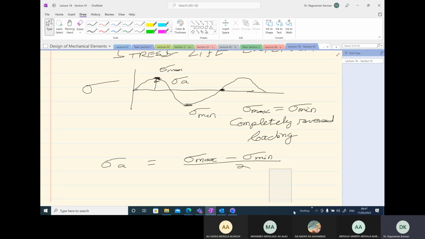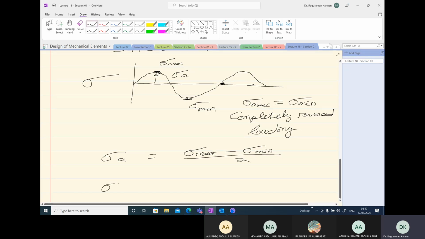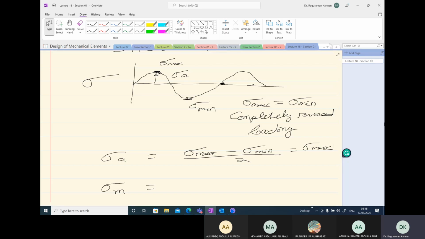We will need these definitions to make some plots for the experiment. Sigma amplitude becomes equal to sigma max because the magnitudes are equal. Sigma min will be a negative value, so minus of minus becomes plus, and that becomes equal to sigma max.